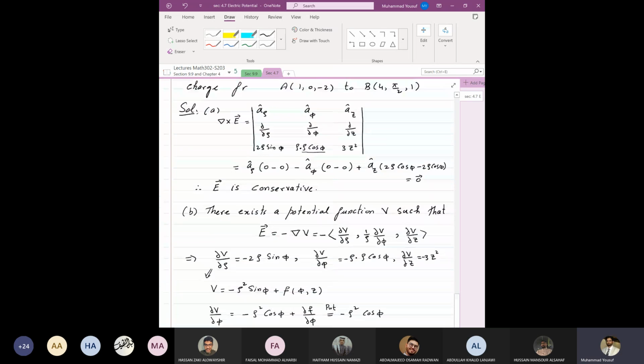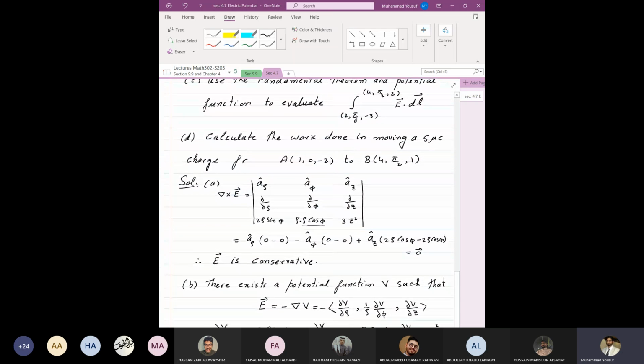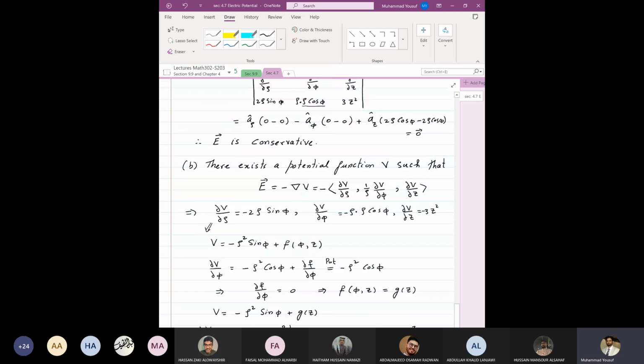Now we are done with part B, and part C is to use the fundamental theorem and evaluate this integral. So part C. The potential function V at the point A, which is (2, pi over 6, negative 3).